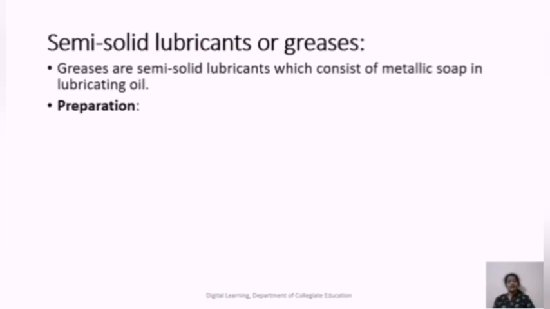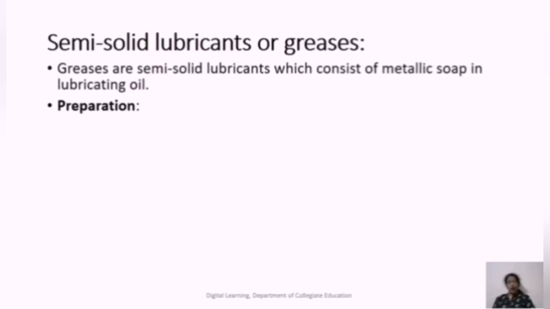The next one is semi-solid lubricants, and these are also called greases. So greases are semi-solid lubricants which consist of metallic soap in lubricating oil.